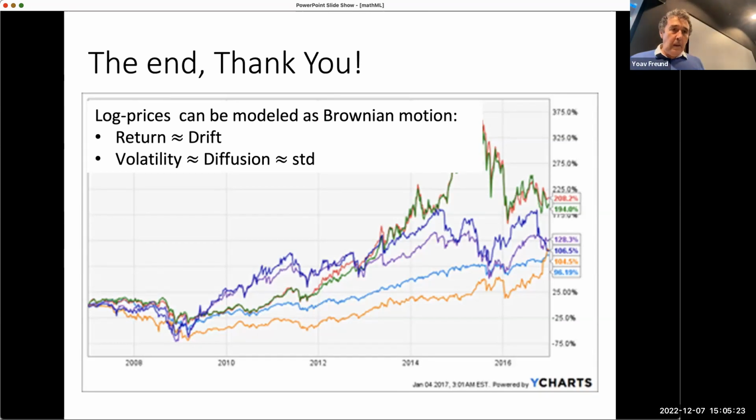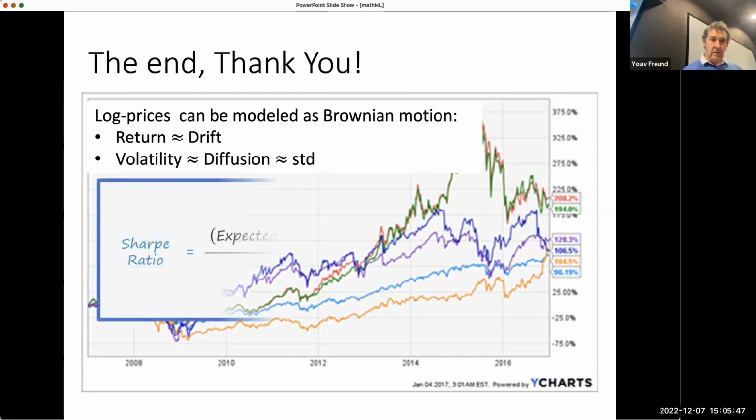So yeah, this is basically what I wanted to tell you about, but I wanted to go back to what we started with, the stocks, right? So we said that log prices can be modeled as Brownian motion, where the return is the drift and the volatility is the diffusion or the standard deviation, okay?